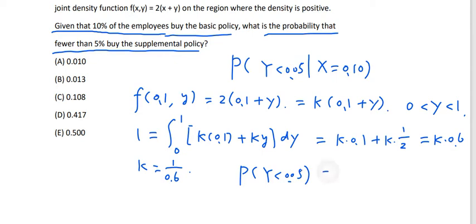Now the problem becomes just finding this probability: y is from 0 to 0.05, and the density function is 1 over 0.6 times 0.1 plus y, dy.